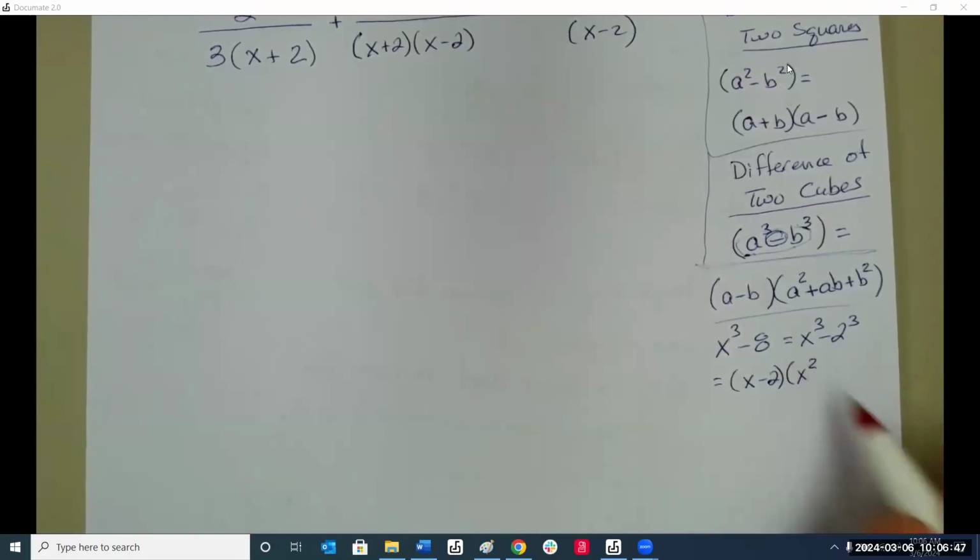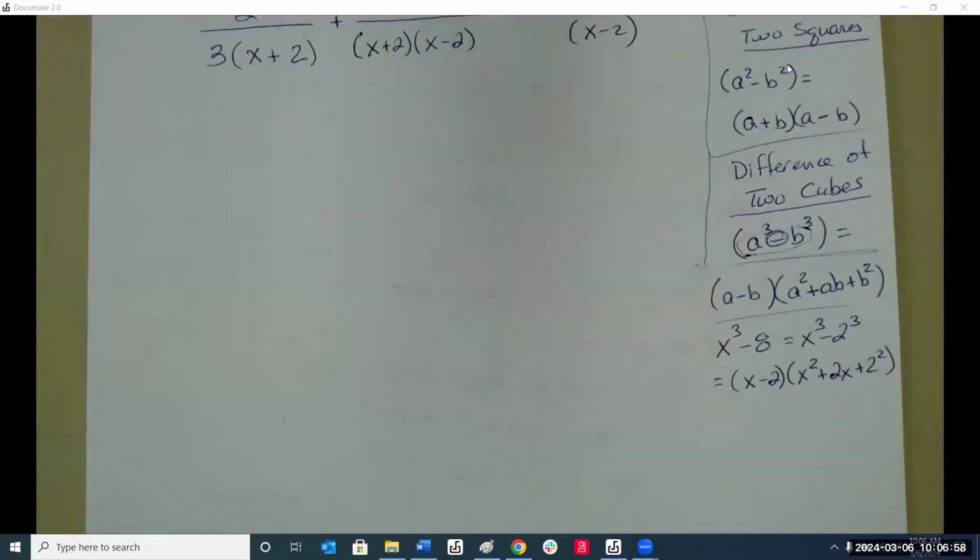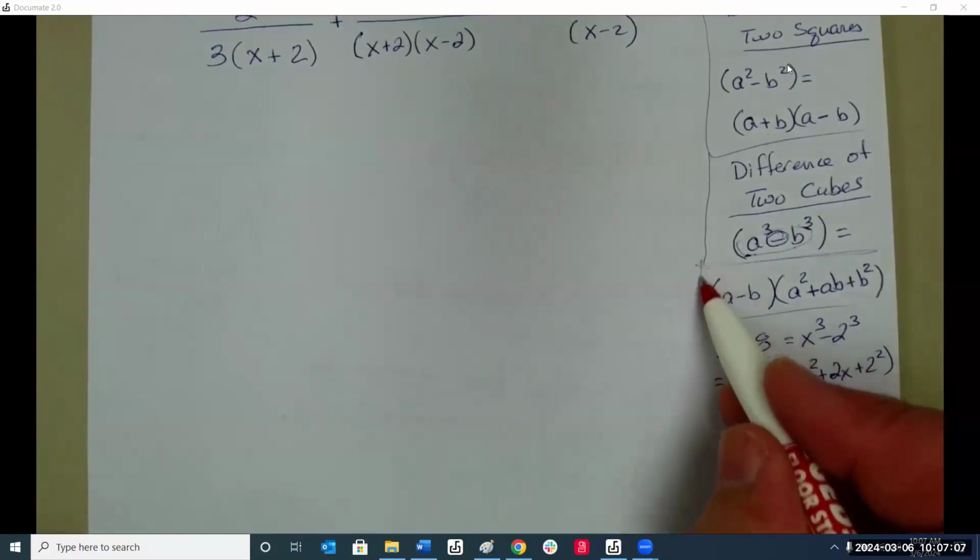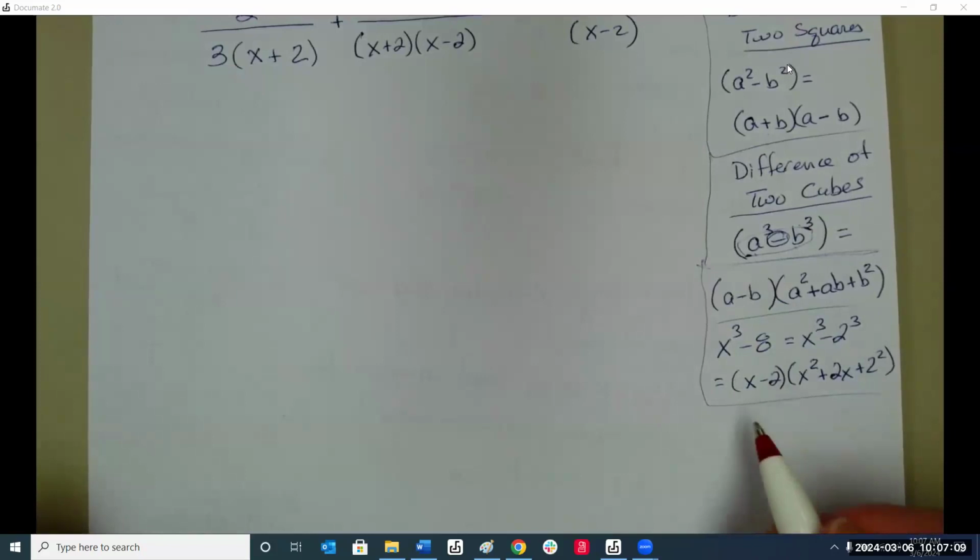Then x squared plus 2x plus 2 squared. And that's always the case. So that's the difference of two cubes. We can also have the sum of two cubes.